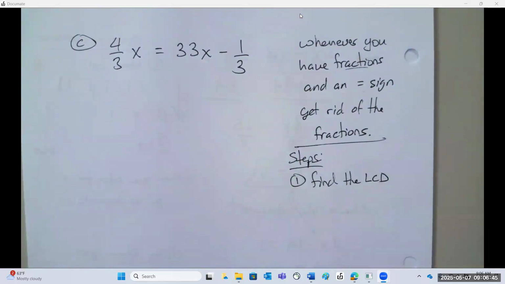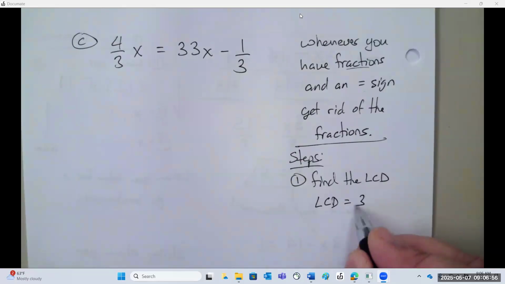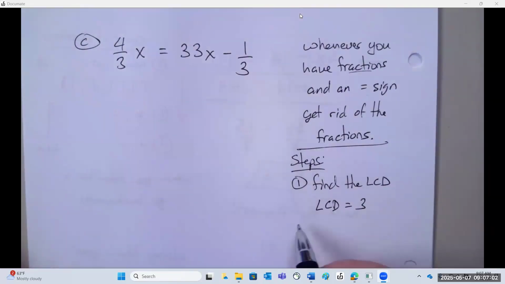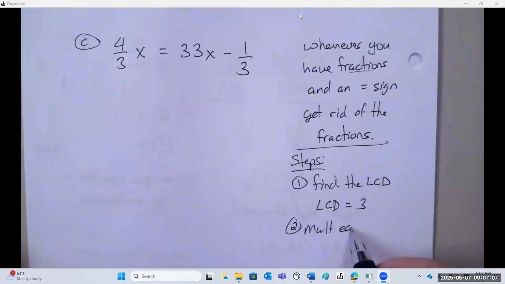Find the LCD. In this equation, what is my LCD? Three. It's the only denominator. Multiply each term by the LCD.